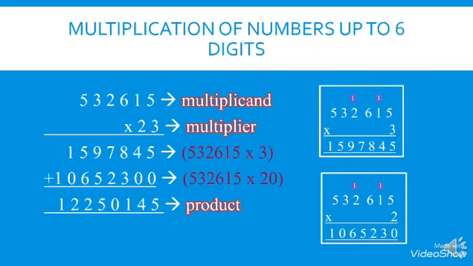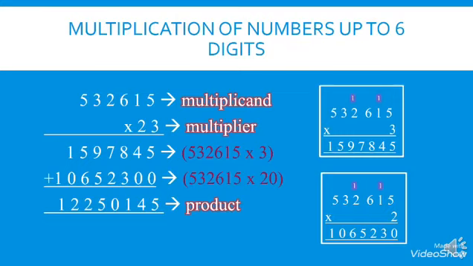And the number by which it is multiplied is called the multiplier. And the answer or result we get is called the product. So you can see in this question, 532,615 is the multiplicand and 23 is the multiplier.